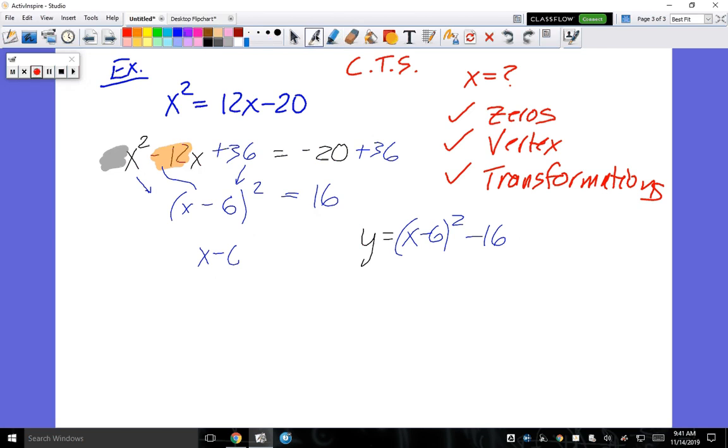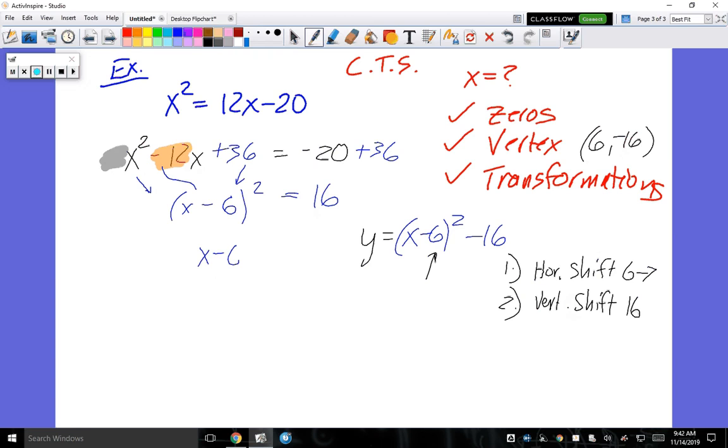So my vertex would be 6, negative 16. The transformations that occurred are a horizontal shift 6 to the right and a vertical shift 16 down. The zeros of the function can be solved from over here.